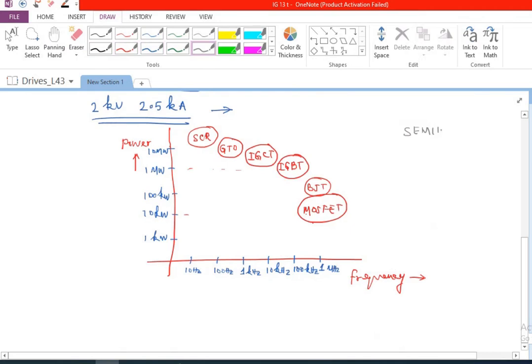Semicron is one, then Mitsubishi Electric is another, Infineon Technologies is one more, and International Rectifier. These are some of the companies which produce power devices. Even BHEL, for that matter, produces SCRs which can be used in normal 50 hertz rectifiers and so on.